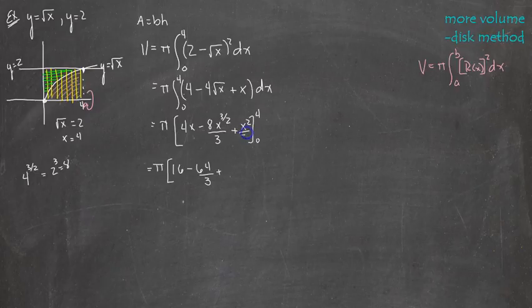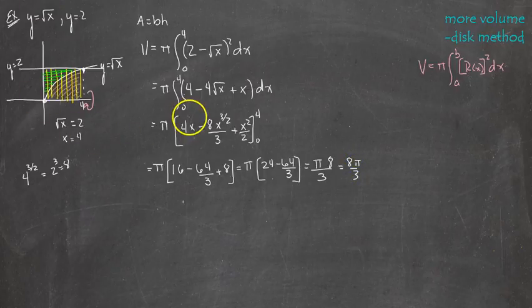Oh, look at this. I made a mistake here. The antiderivative of x is x squared over 2. So 4 squared is 16, divided by 2 is 8. And I don't have to worry about the minus 0 because each of these will zero out. So that's pi times 16 plus 8 is 24, minus 64 over 3, which equals pi times 3 times 24 is 72, take away 64 is 8 over 3, and better written, 8 pi over 3.